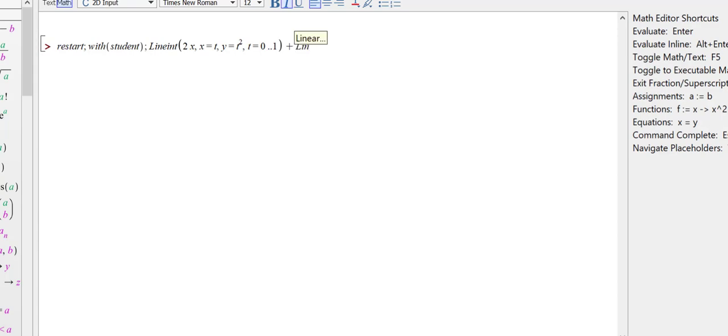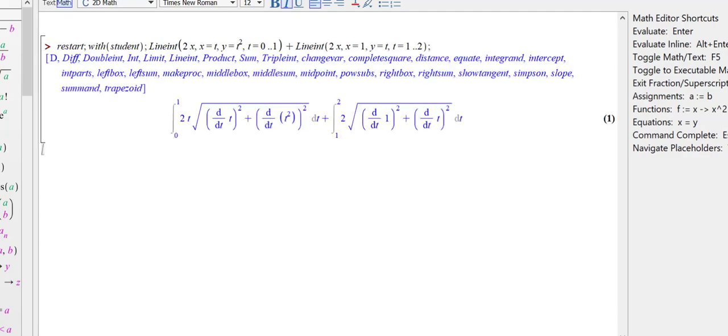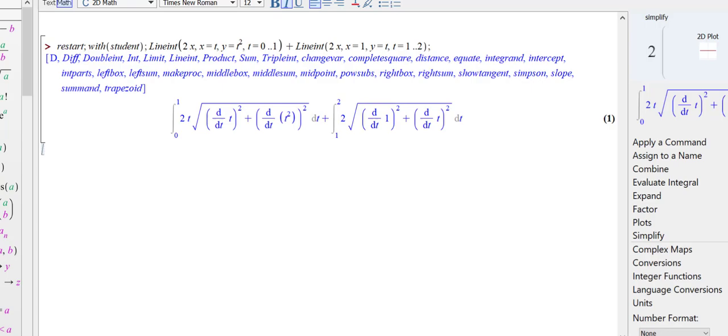So again we add the line int of 2x, same function, over that segment, which was the vertical line x equal to 1 and t. So now I can write again as a path of 1 and t, t changing between 1 and 2, and now we can run it, and here we get this integral.